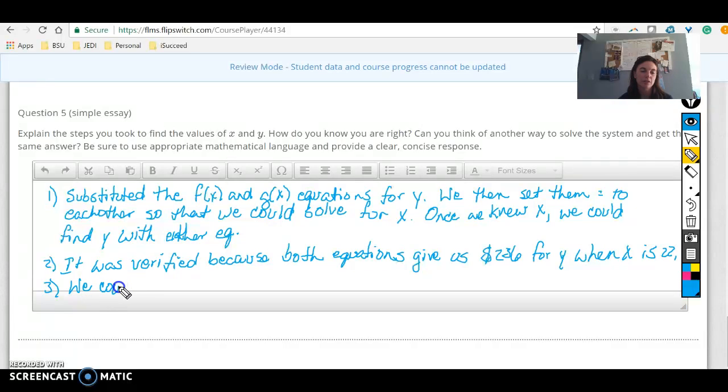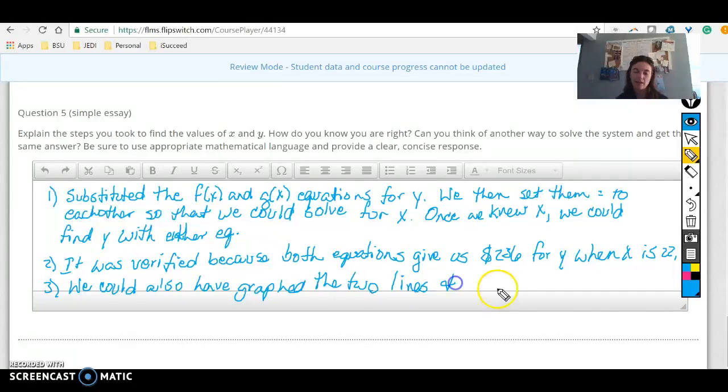We could also have graphed the two lines and looked for the point of intersection at 22 and 236.